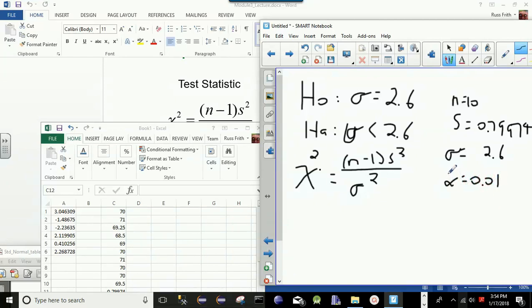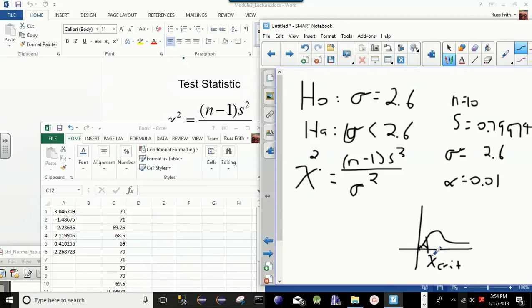Now, this is a left-tailed test. So you're going to have your critical value here. We'll call this chi critical. You're interested in knowing if your test statistic falls to the left here.